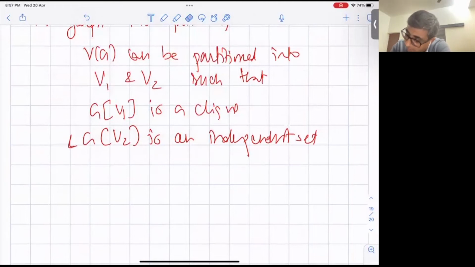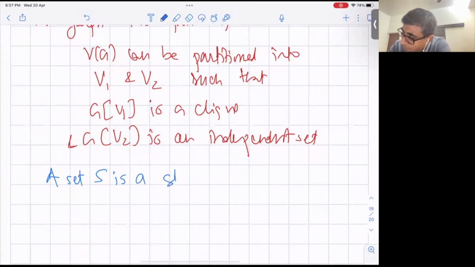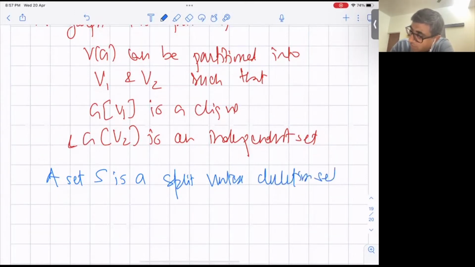Now, what is a split vertex deletion set? A set S is a split vertex deletion set if G minus S is a split graph.